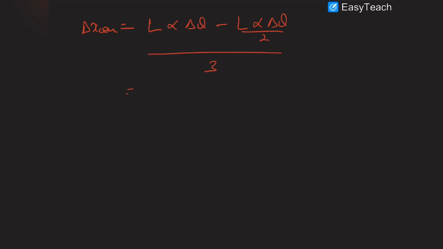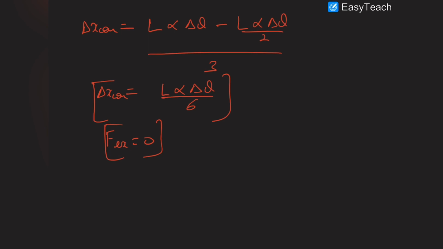So you can see that this is L alpha delta theta by 6, but we know that the net external force acting on the system is 0. So F external is 0, so center of mass will not shift.